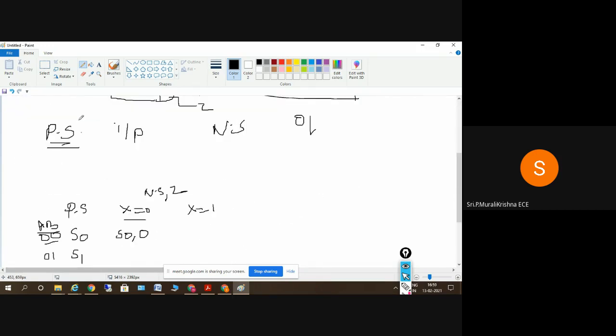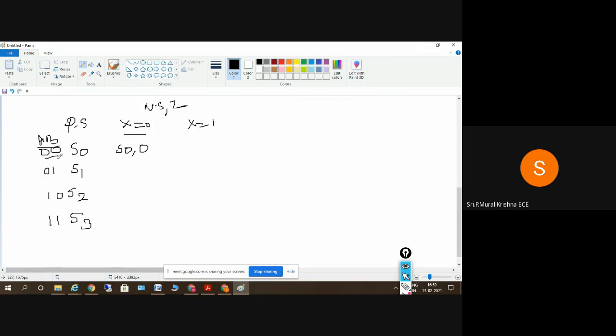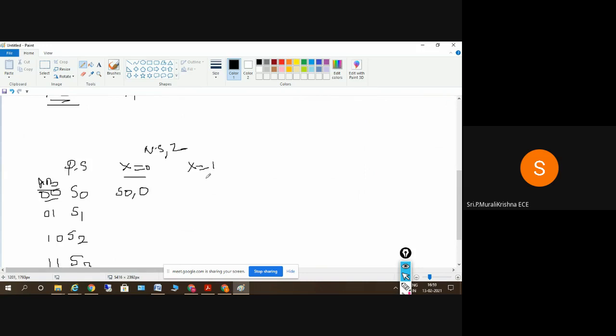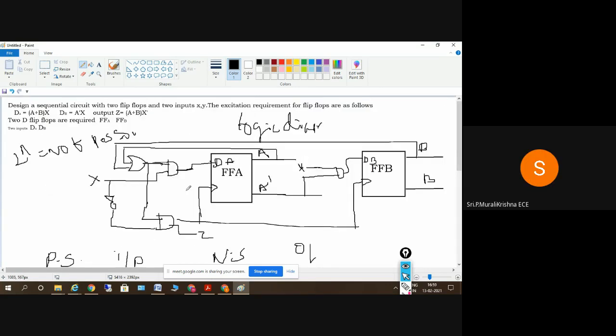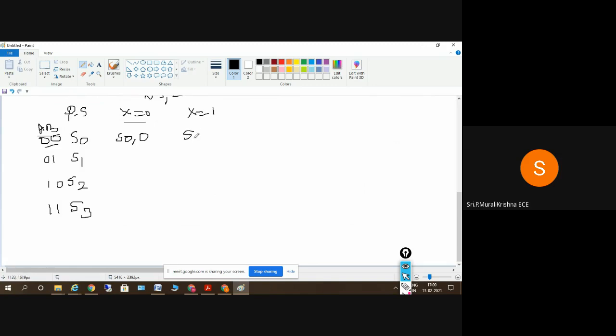So what is the next state when X is equal to 1? Substituting AB equal to 00, what is the value when X is equal to 1? S1 and 0. Yeah, so S1 and 0.